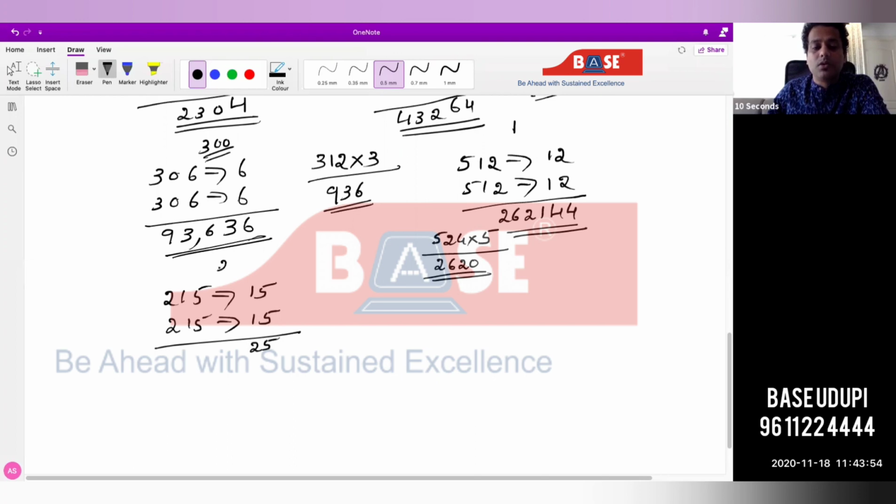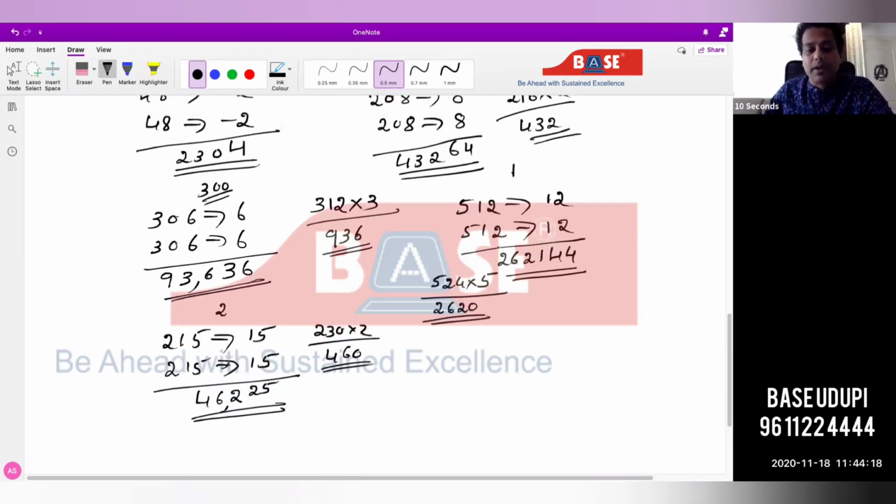Remember, 2, you need to carry it. 215 plus 15 is 230. 230 into 2 is 460. But the number is 462 because there is 2 carry. So it becomes 46225. This is how you need to do it.